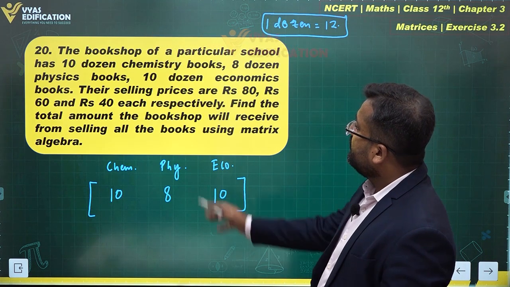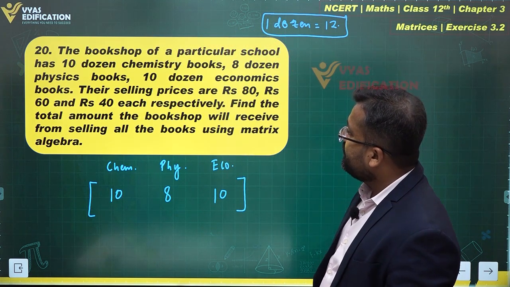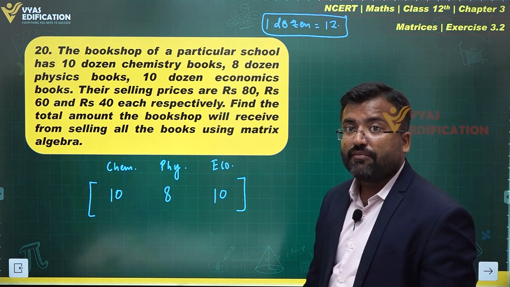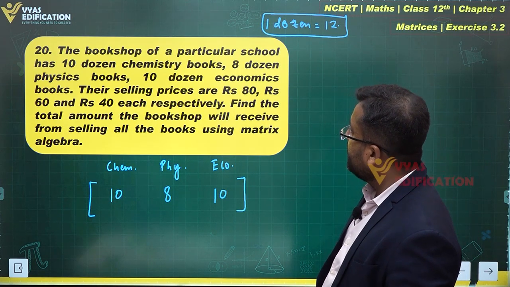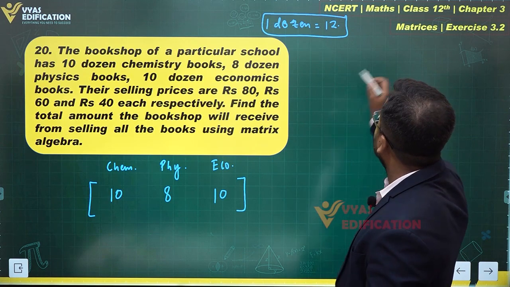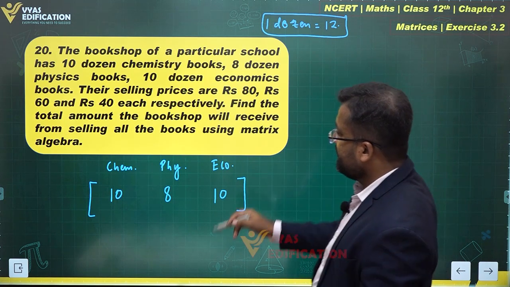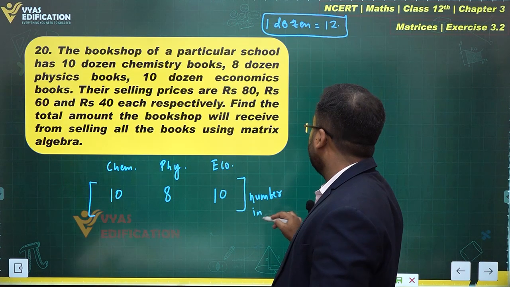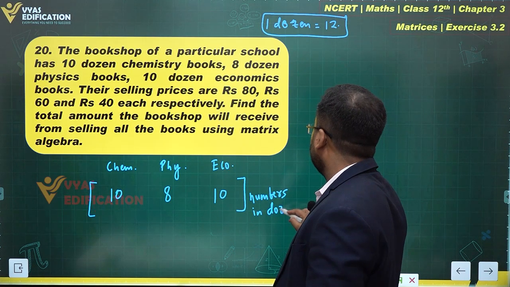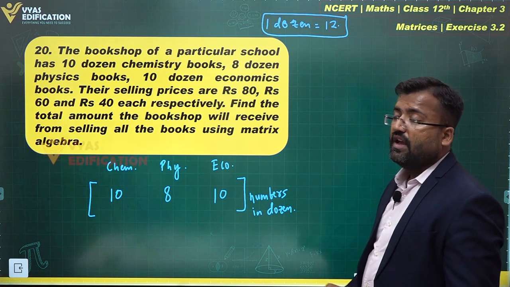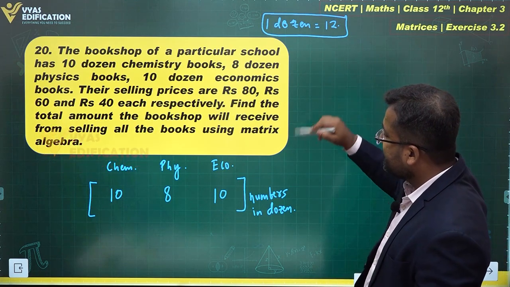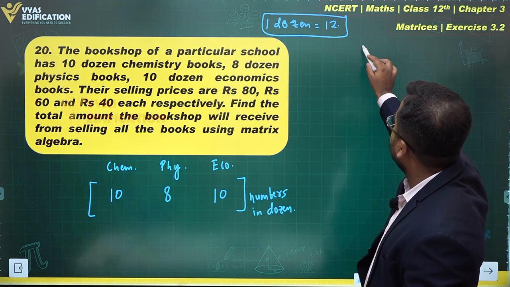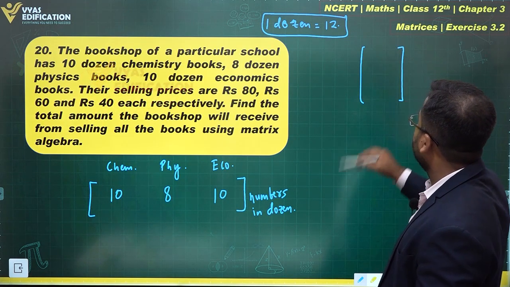Next, the selling prices are rupees 80, rupees 60 and rupees 40 each respectively, for chemistry, physics and economics. So these are numbers basically. Here we have numbers in dozen, and the next thing is prices, which can be written in this manner.